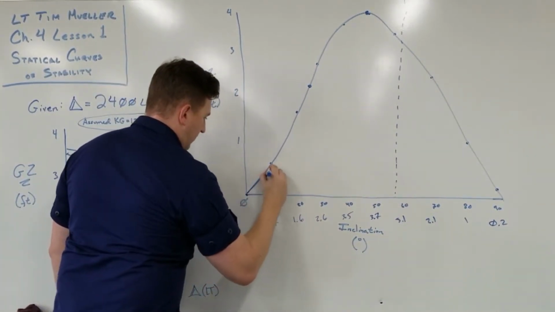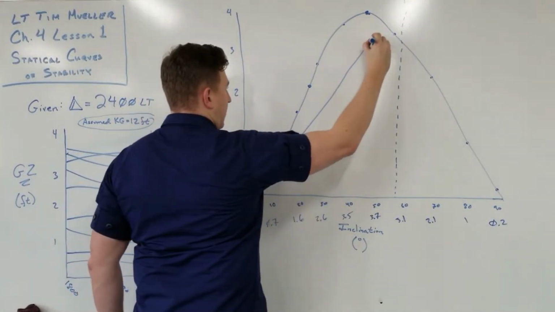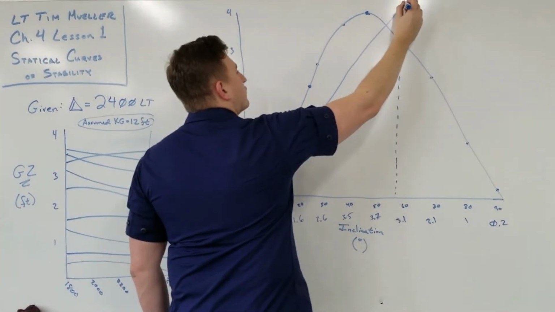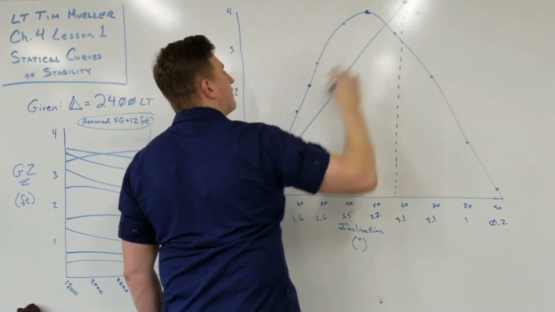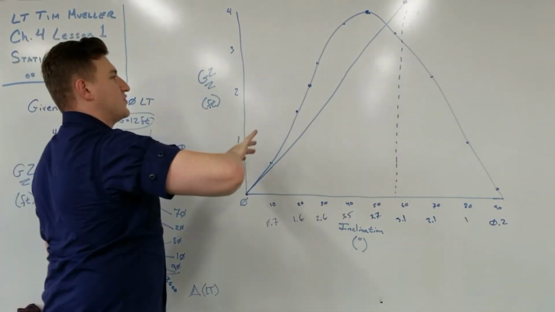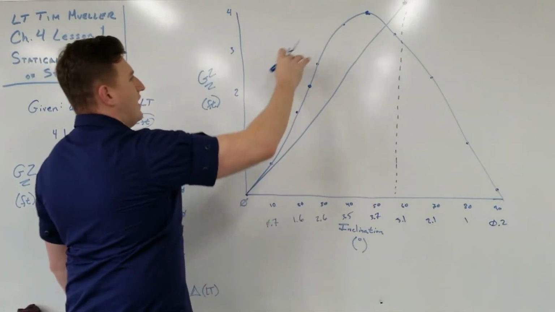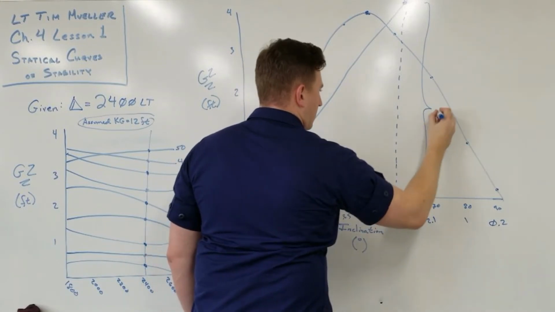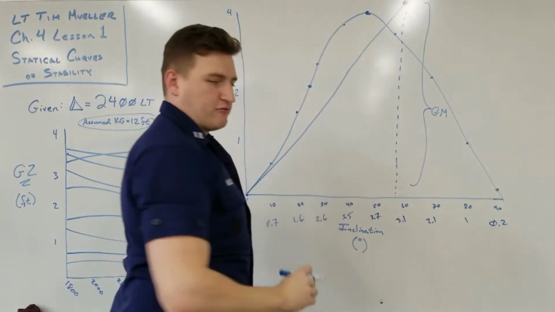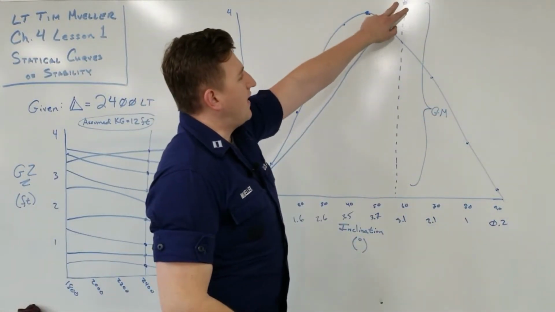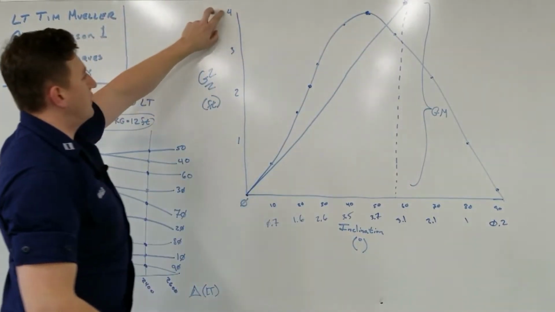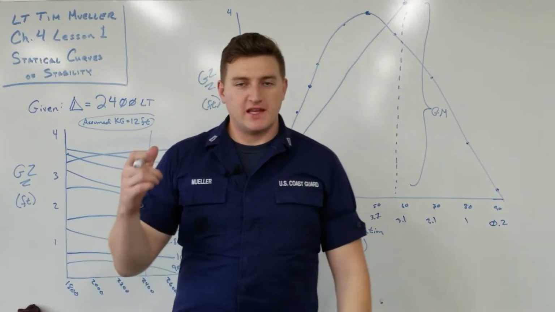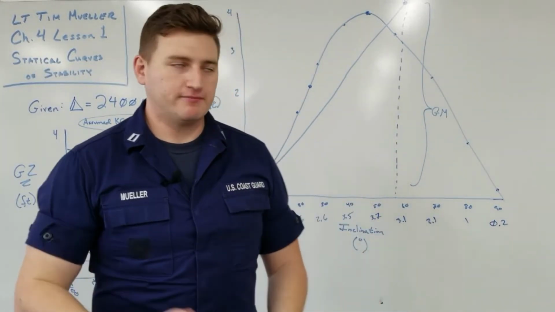Take that, draw it all the way out, and that's not the straightest of lines, but right where that line, that extended initial stability, crosses that radian line, that is going to be our GM. And so we read that as that dot is over here right around 4, which means that the ship's GM, in this case, is 4 feet.